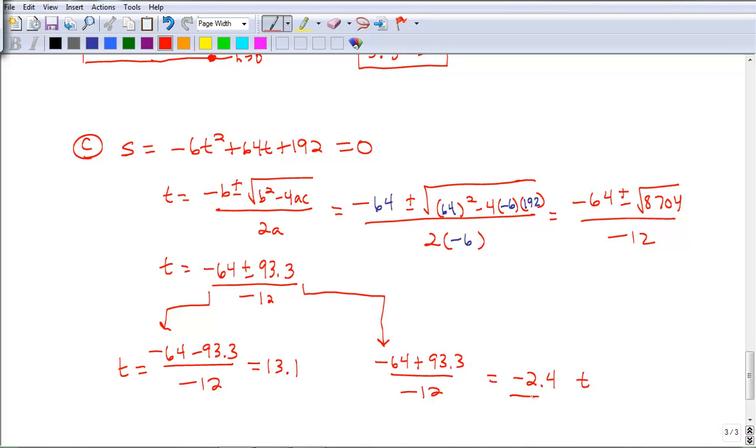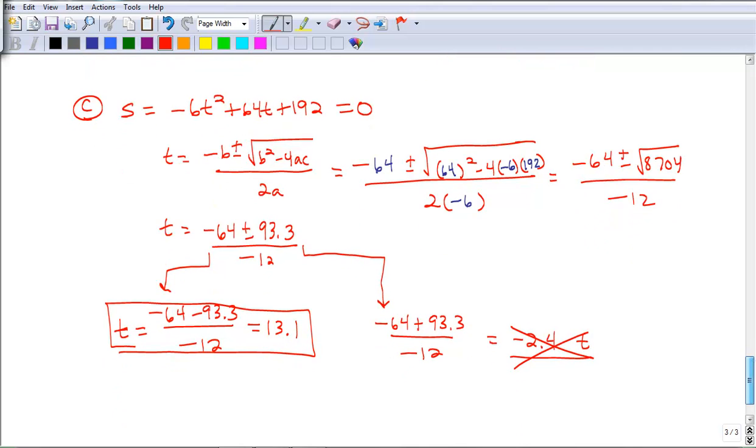And we all know you can't have negative time unless you're traveling in a DeLorean. So in this case, the time is 13.1. That's how long the stone is in the air, and that's when it hits the ground. 13.1 seconds, or whatever the time units are. So to figure out when it hits the ground, you have to set the position equal to 0, because when it hits the ground, the height off the ground will be 0.